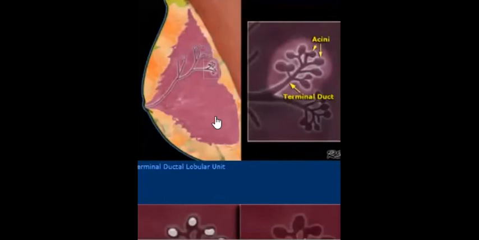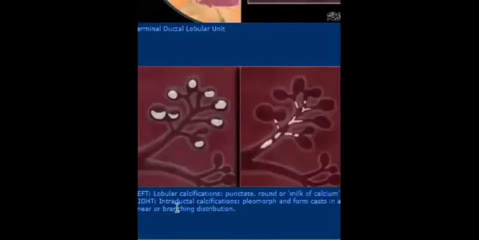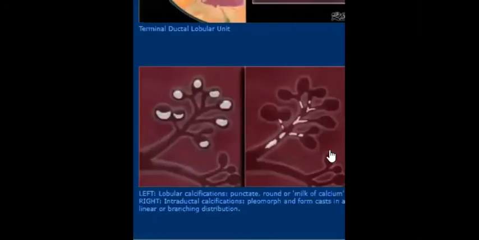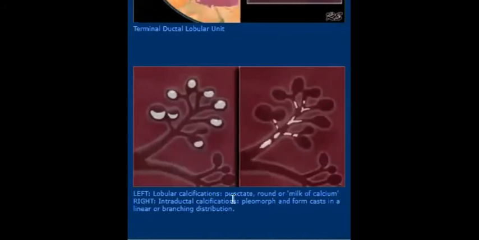So when you have lobular calcifications, it will appear like punctate, rounded, or milk of calcium. But on the right side, if it is intraductal, it will be pleomorphic, linear or branching. So this is what we will mention that is suspicious, the linear, branching, pleomorphic.